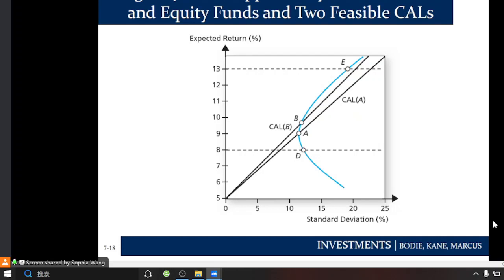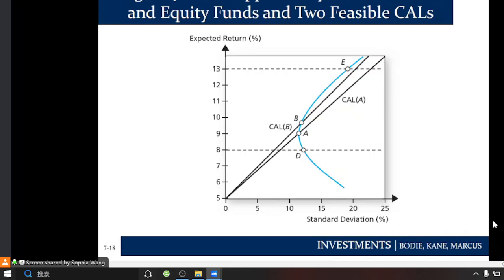So if you draw a line, you can find the same risk, same standard deviation, but this is larger than this one, right? Of course, so we don't need this part. We can just cut this part because it's the same risk, but the expected return at this point is larger than this point. We only find this part is effective. And maybe the best point is just in this part.